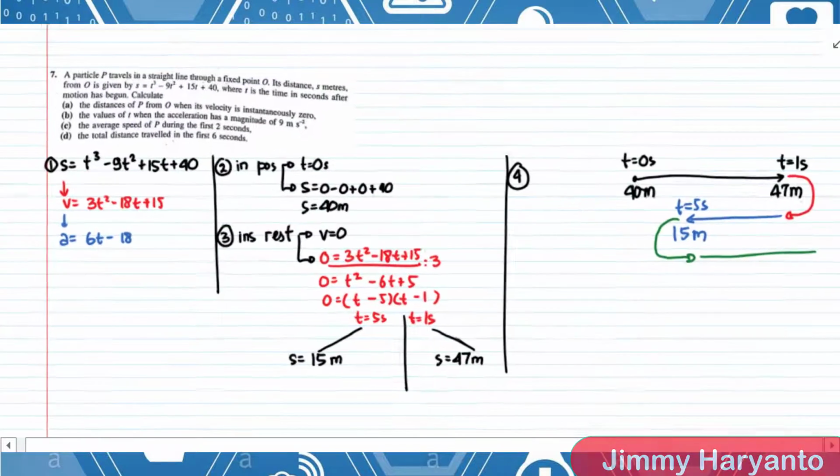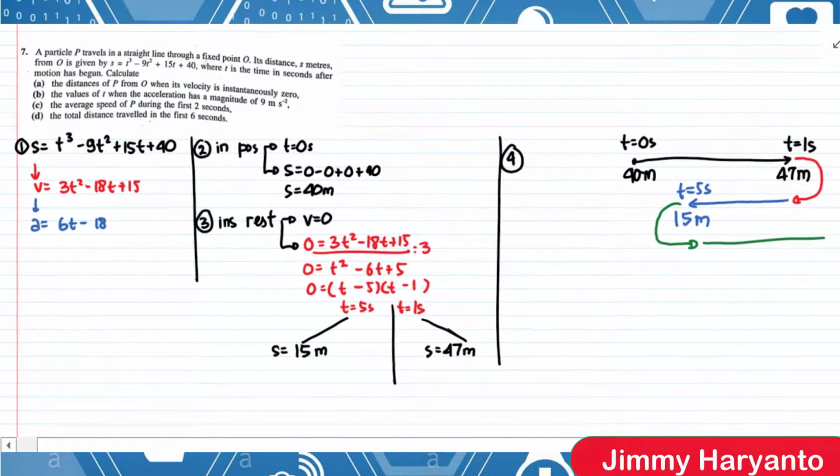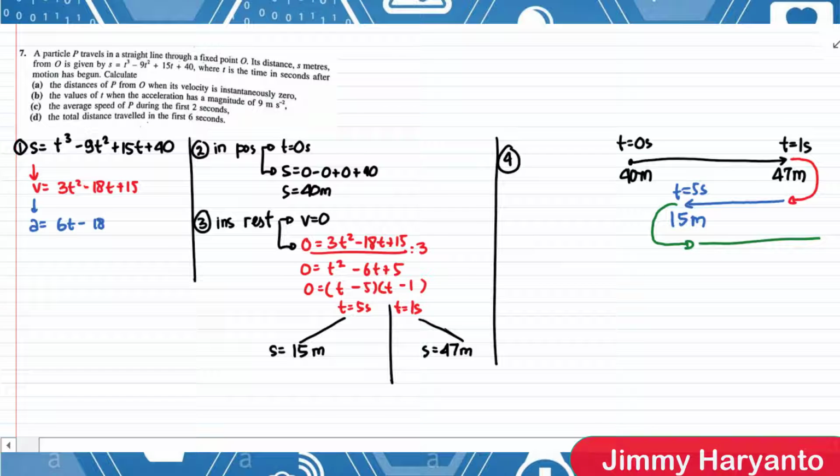Next is the distance of P from O when its velocity is instantaneously 0. Instantaneously at rest, it's the same thing.